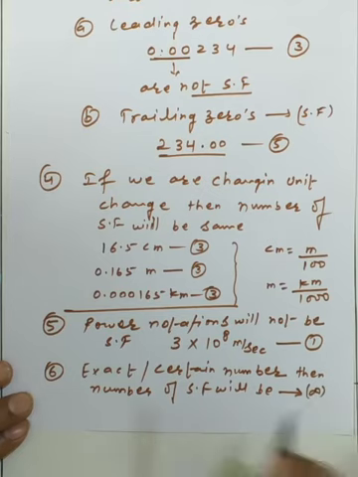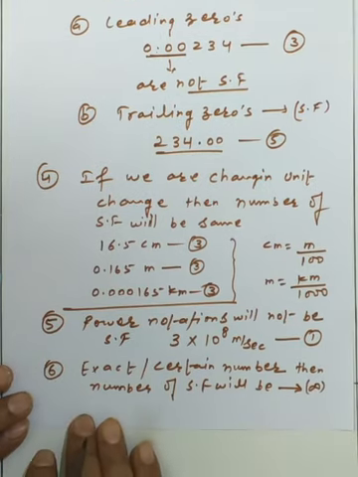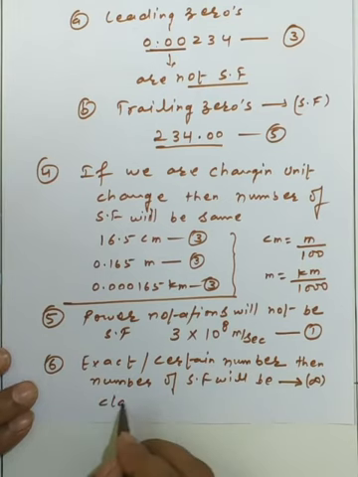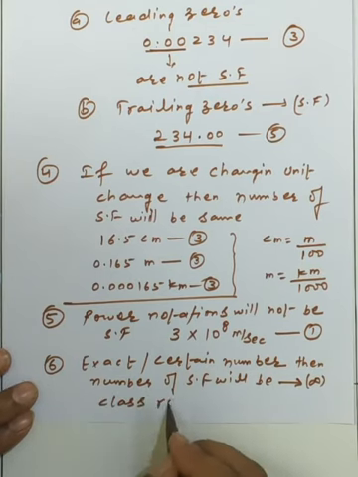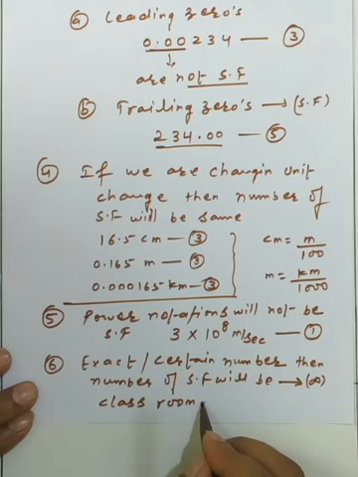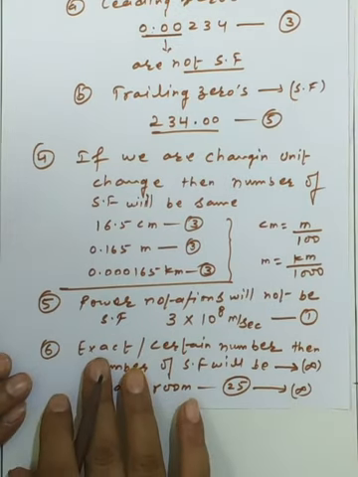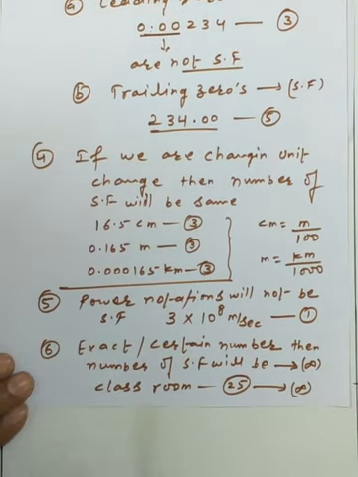How can I say that? If in a classroom someone asks how many students are there, suppose we say there are 25 students, so how many SF are here? The certain number having no uncertainty has an infinite number of SF. That will be one of the basic rules.